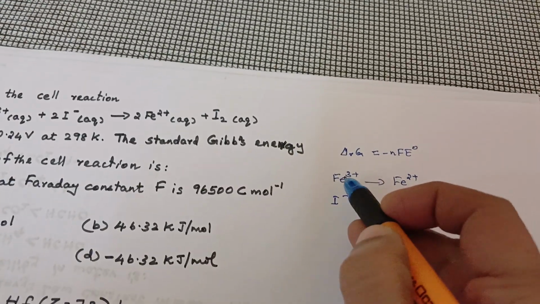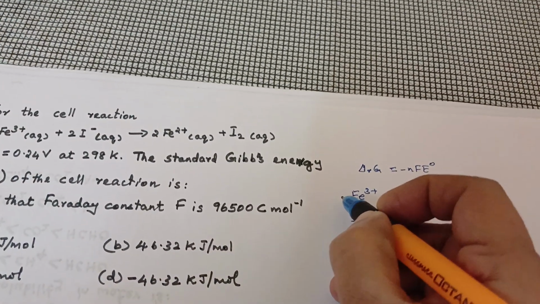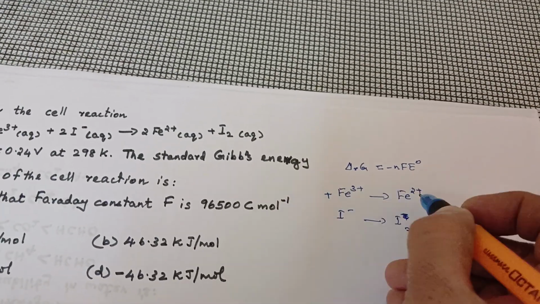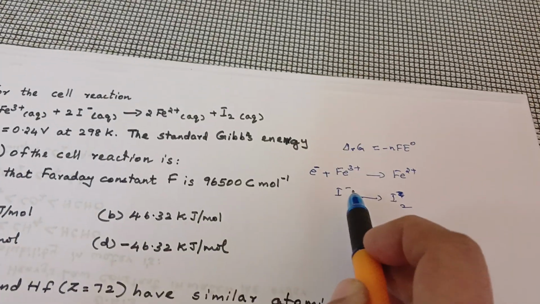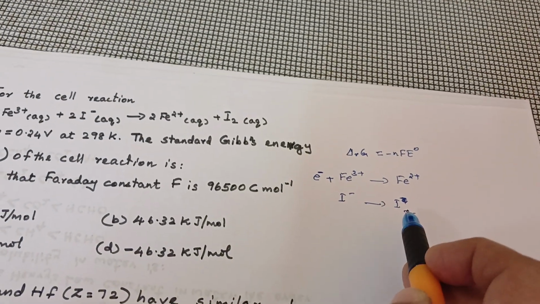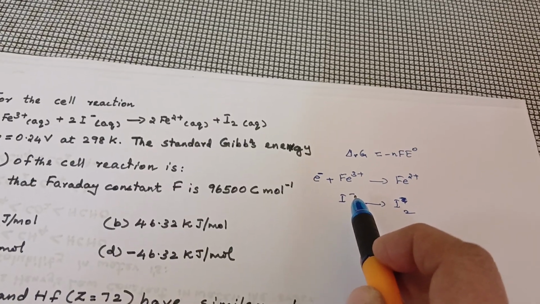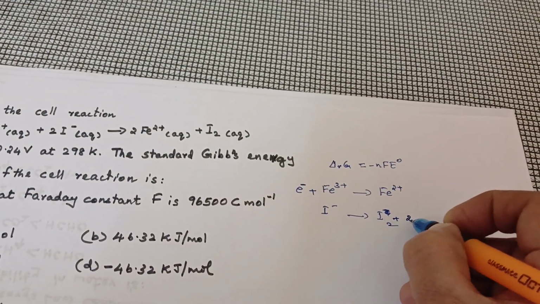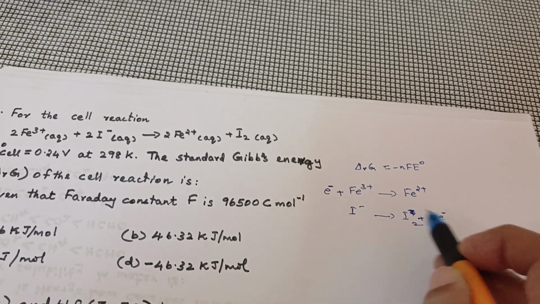There is a discrepancy of one charge, isn't it? This is 3+ and this is 2+. How will we balance it? We put an electron here. Here it is I- and this is I2. So if we put 2e- here, 2 electrons in here, this will be balanced.